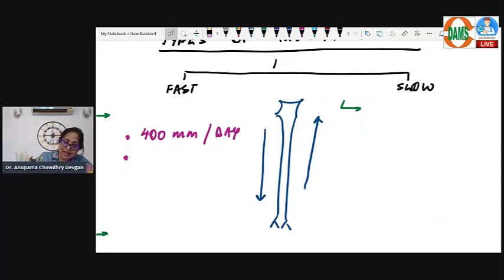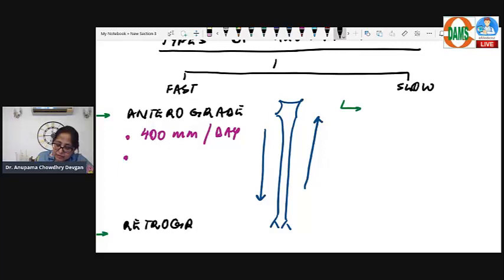Now, fast can be divided into fast anterograde and fast retrograde. And slow is always anterograde. Slow is always anterograde, right?